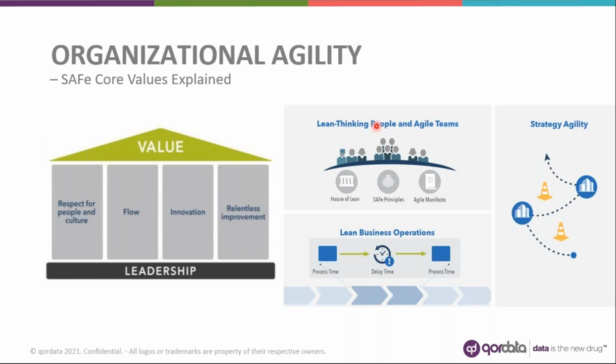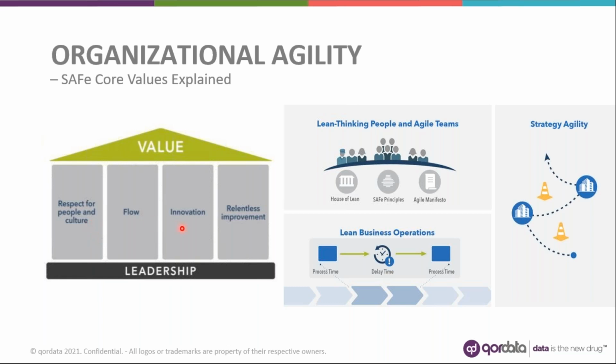So for an organization to be agile, the leadership should provide some core values for the organization that it should follow itself and then trickle down to the people.